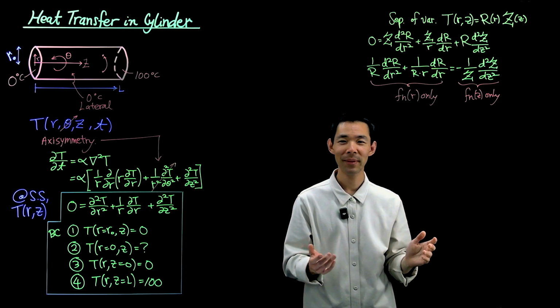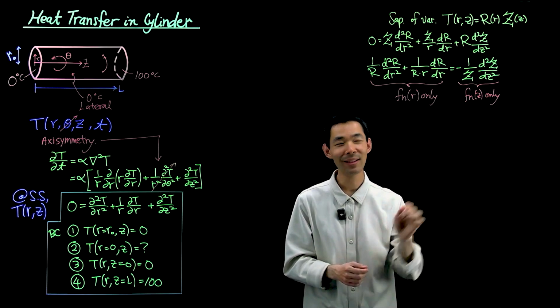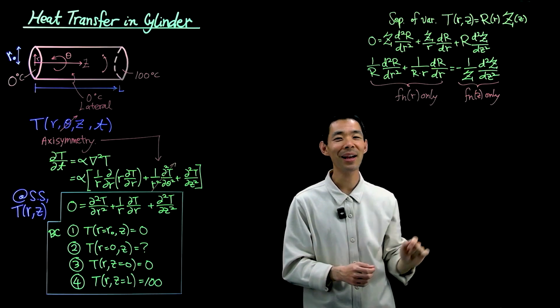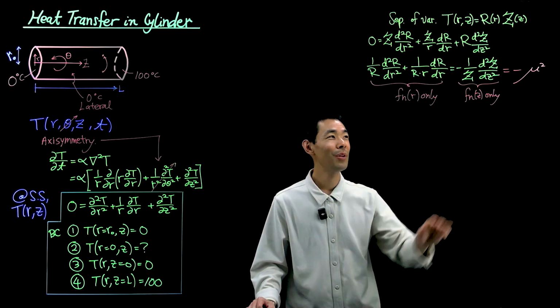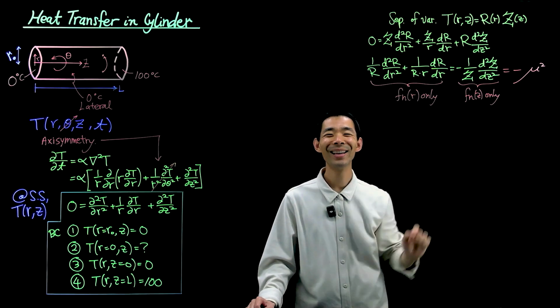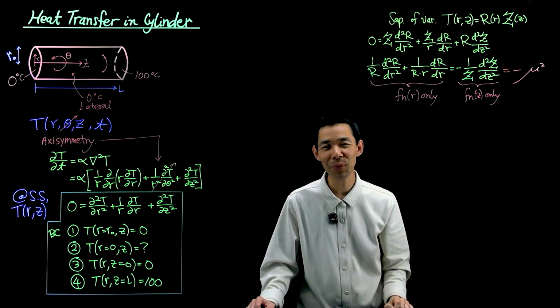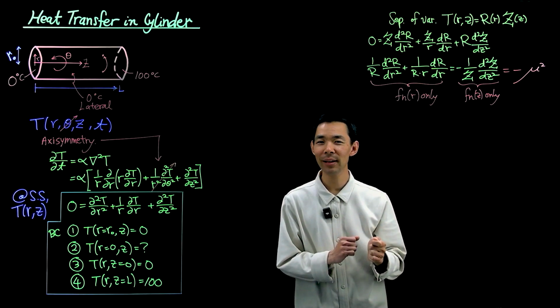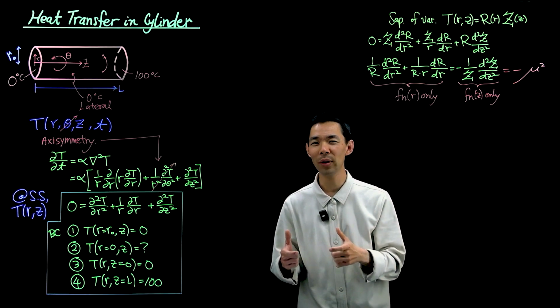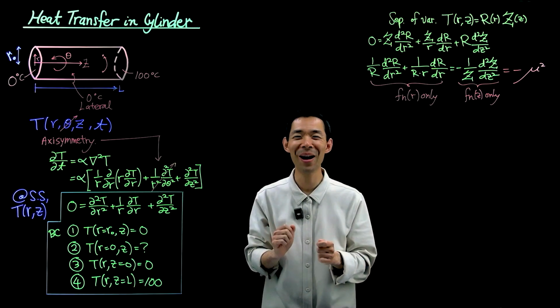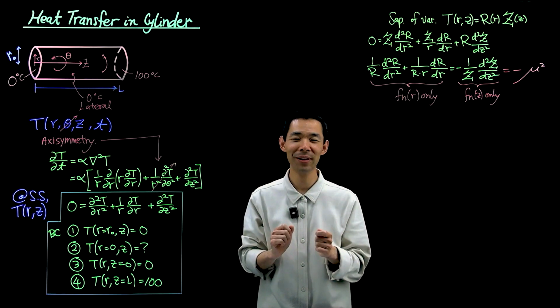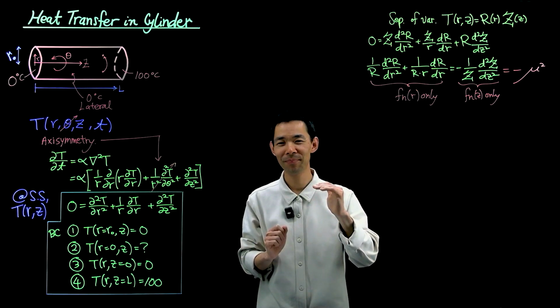Same argument. We're going to call the constant on the right-hand side negative mu squared. You're going to see why we've called it negative, for the same reason that we chose a negative sign for the rectangular coordinate geometry. We have homogeneous boundary conditions along the r direction.